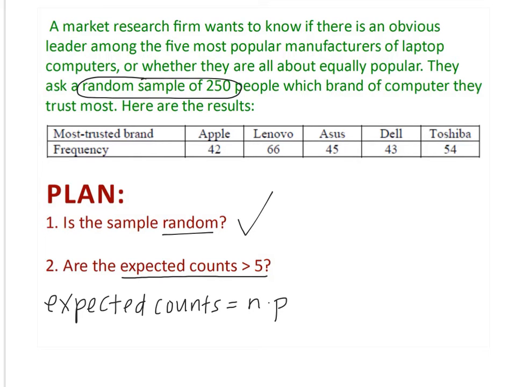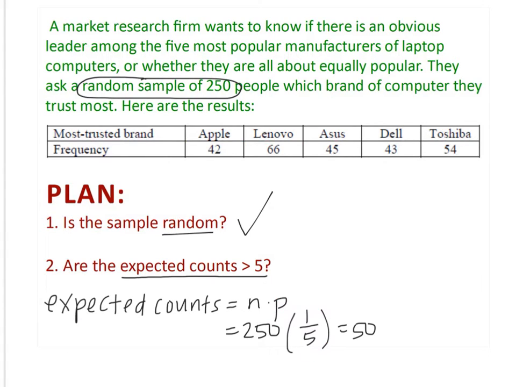Well, the sample size is 250, and if I have 5 manufacturers, if they're all the same, P, or the probability that you'd like one over the other, would be 1/5. Well, that gives me 50. So all of the expected counts are the same in this problem because there was an equal chance, or 1 out of 5 chance.